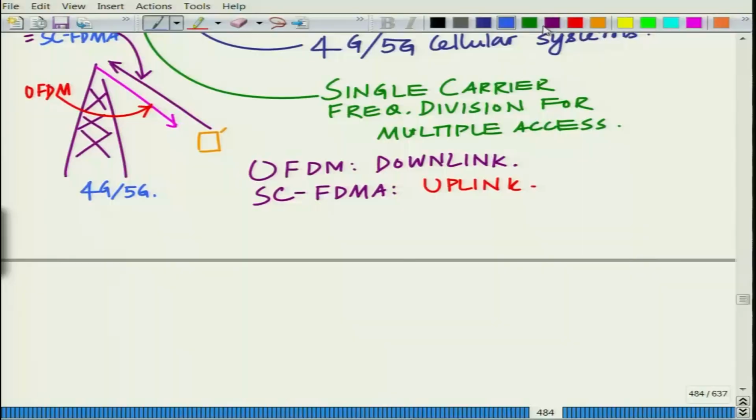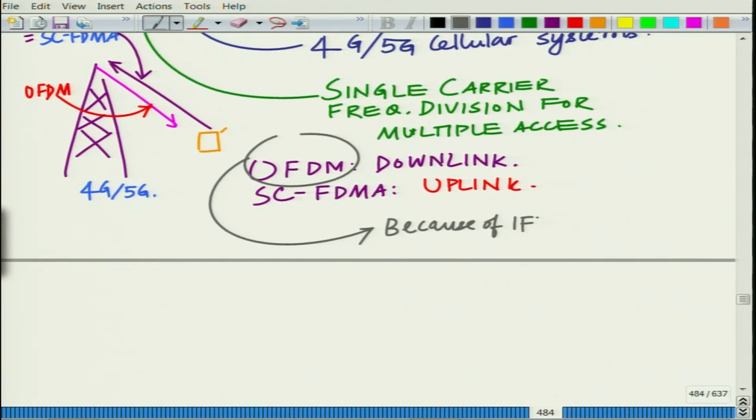OFDM has a high peak to average power ratio because, remember, in OFDM the IFFT is performed prior to transmission.